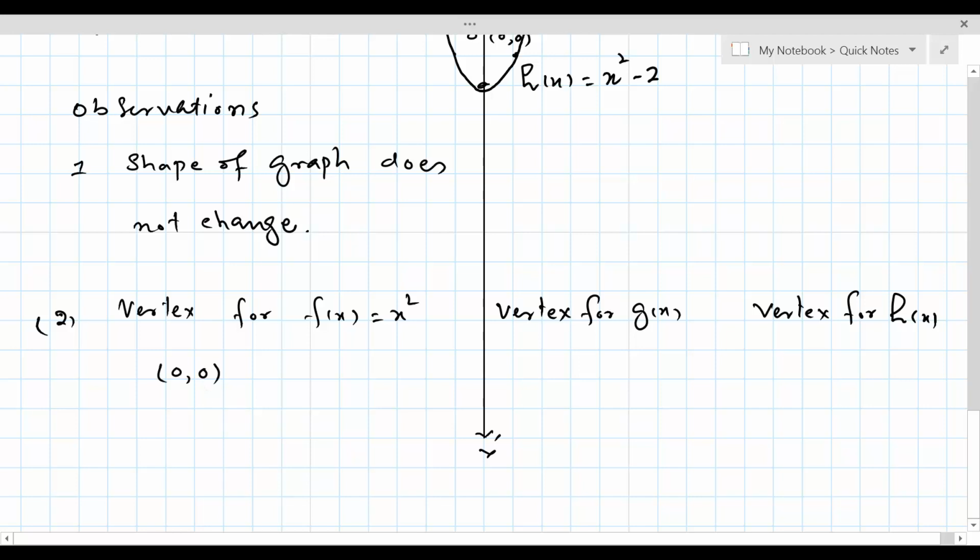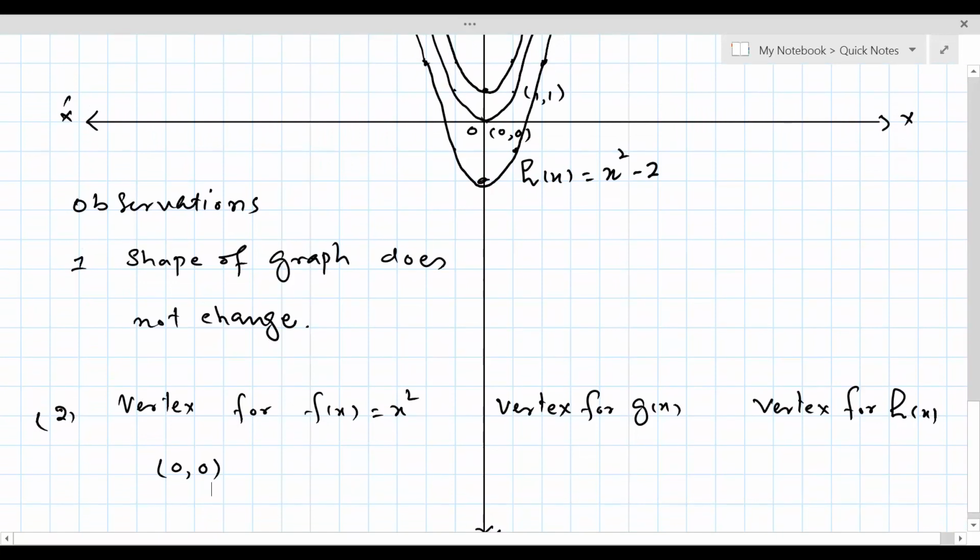And if we take a look at the graph of g of x equal to x square plus 1, simply the y coordinate of the vertex has shifted upward.